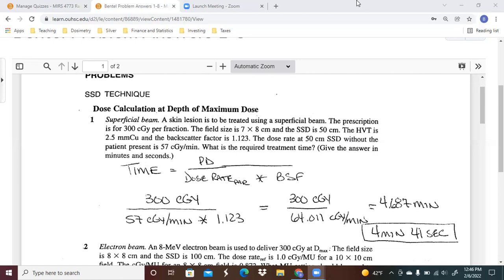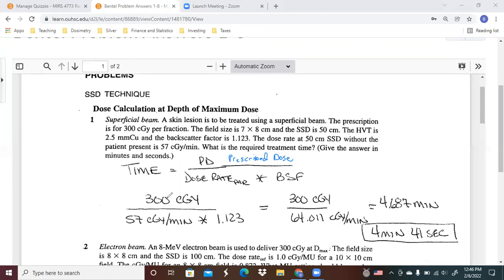Let's go through and get the annotation going. In order to figure out the time here, you'll need the prescribed dose, and that's going to be divided by the dose rate in air, multiplied by the backscatter factor.